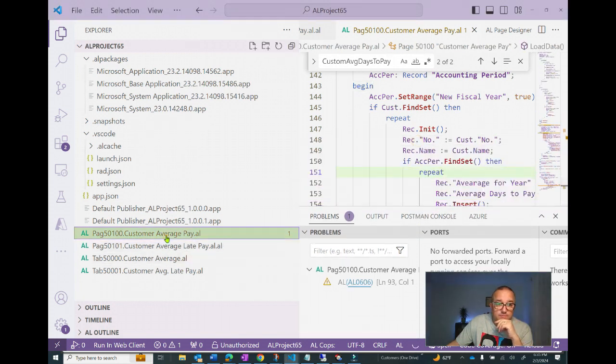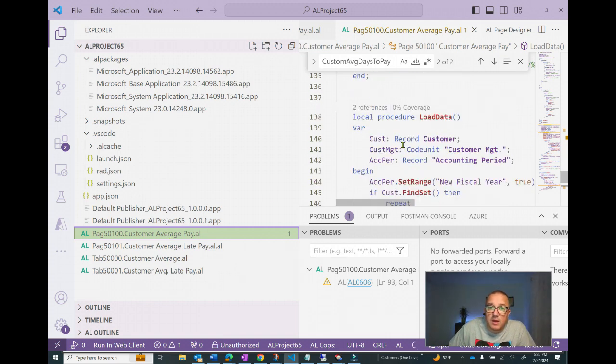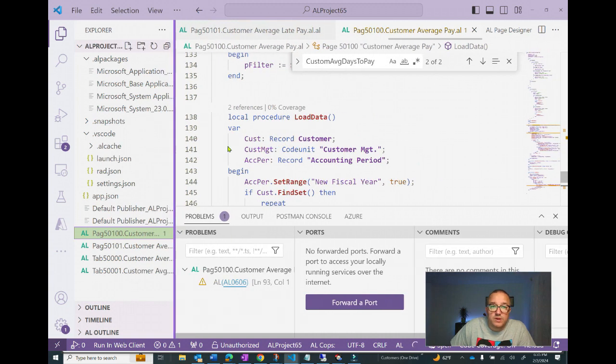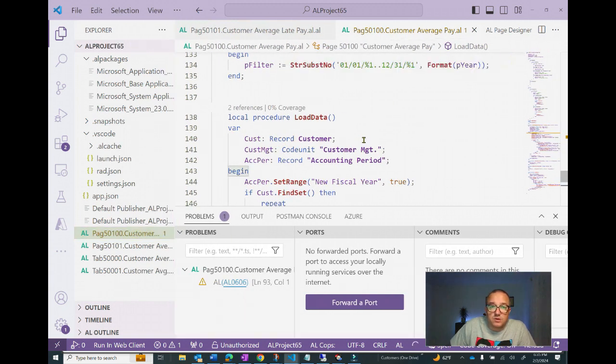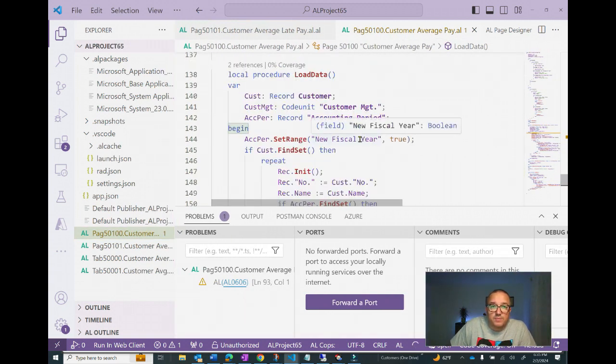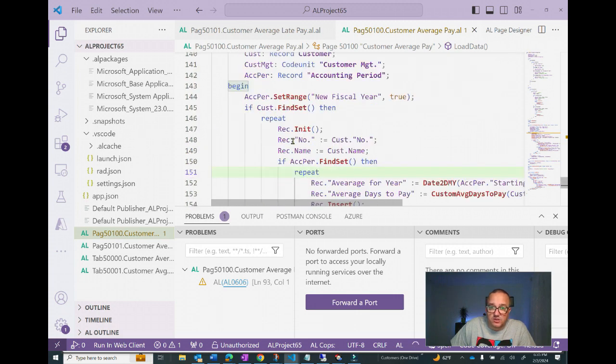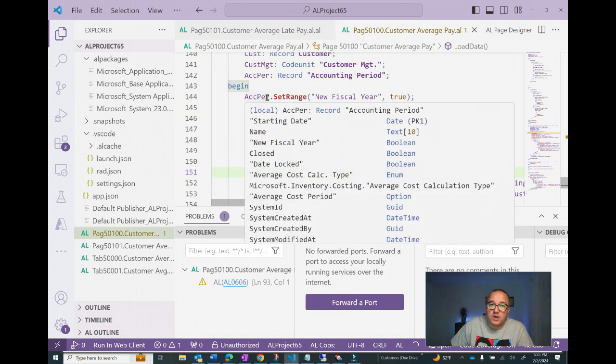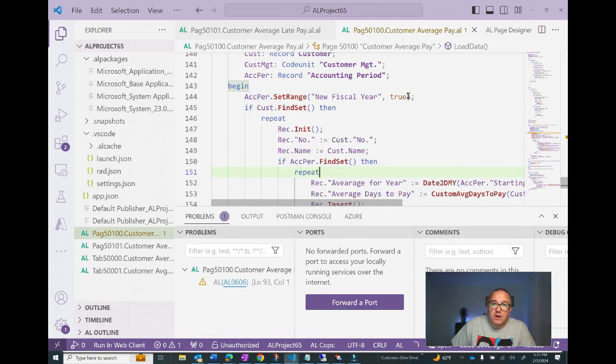For example, for the calculation of the average pay, let's close that. On the page I have an action that, as you saw, gathers the data, and I'm going through all the accounting periods, fiscal years that are declared as fiscal years.